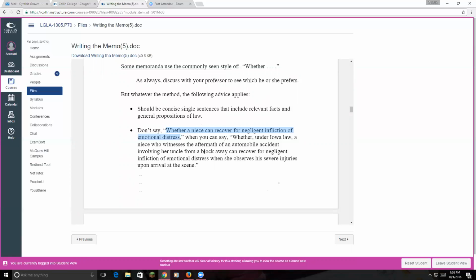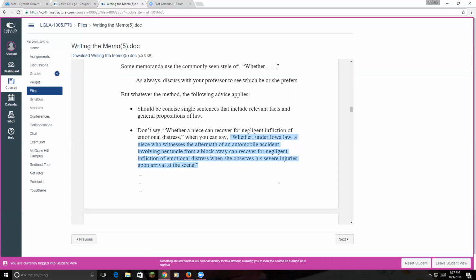So let's see how you might have improved it. And here it's phrased as a whether statement, so we're not actually going to use this particular example, but it gives you a flavor. Whether under Iowa law, a niece who witnesses the aftermath of an automobile accident involving her uncle from a block away can recover for negligent infliction of emotional distress when she observes his severe injuries upon arrival at the scene.